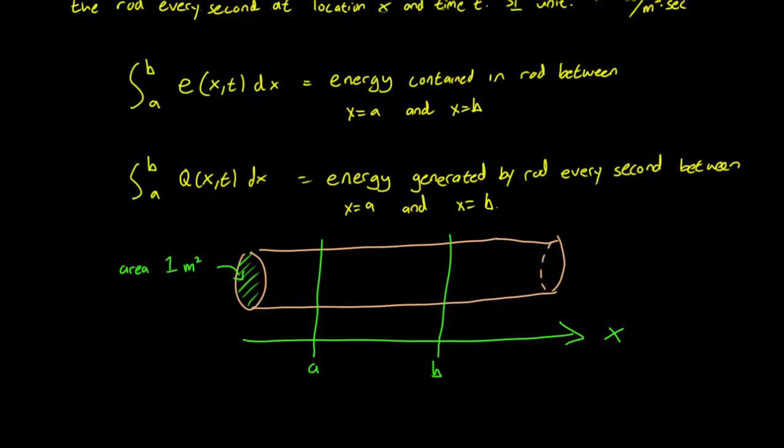To figure out how much energy there is between location x equals a and x equals b of the rod, you simply take the definite integral with boundaries a and b, and this tells you how much energy there is in the rod. So you integrate the energy density that tells you how much energy that you have in the rod. Similarly, if you integrate Q(x,t), this tells you how much energy the rod generates every second between x equals a and x equals b.